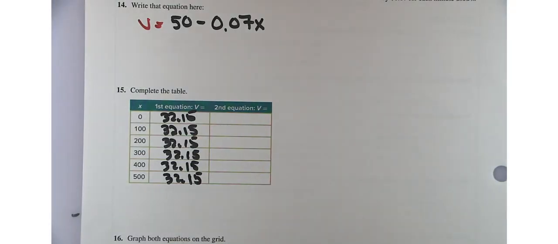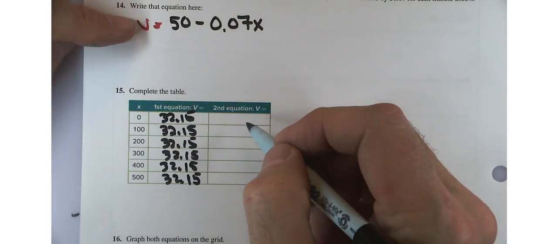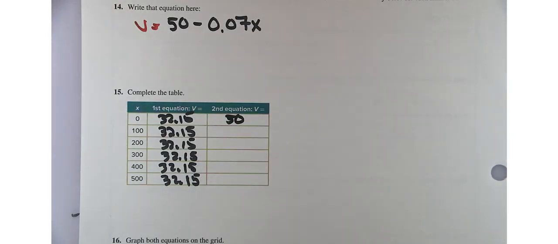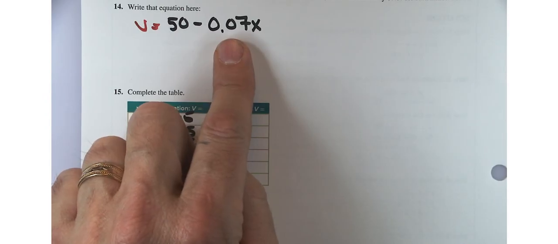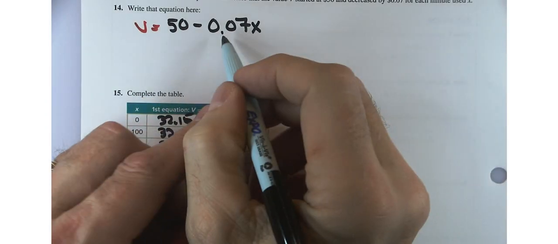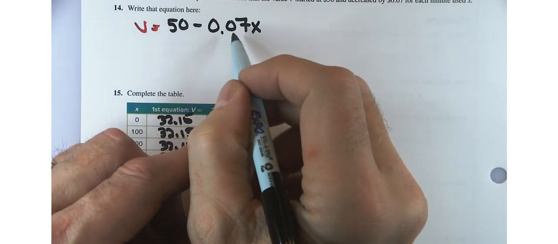Where you're going to have to actually do some work is with this card. When you haven't used any minutes, you've got $50 left. Can anyone multiply, say, 100 times 0.07? What's going to happen there? Without your calculator. 100 times 0.07 is just going to move the decimal, right?